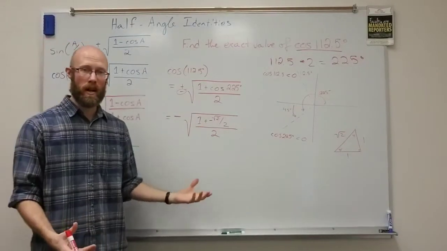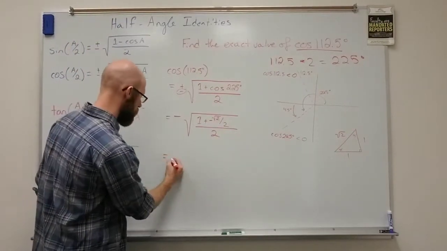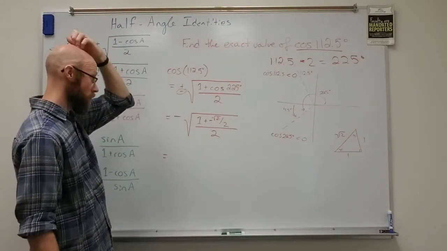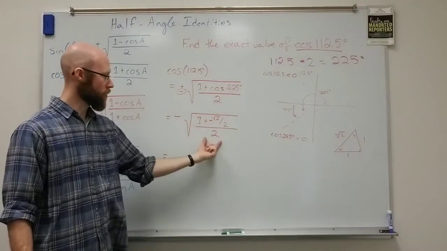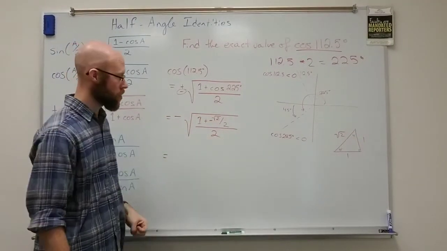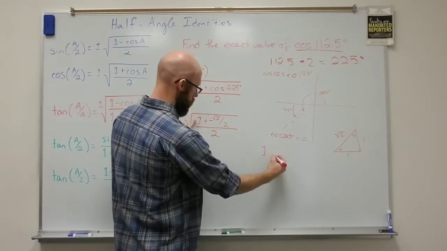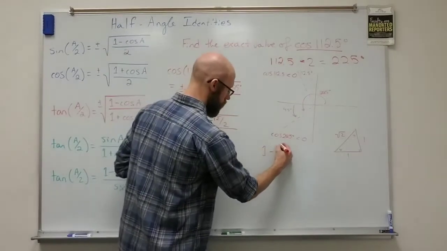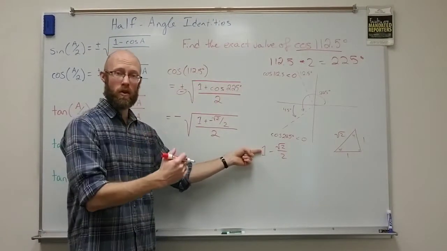Now I just simplify. This thing is not easy to simplify, but we can get there. What you want to do is isolate the numerator, get that to be a fraction, and then divide it by 2. So I'll take that off to the side. Think about 1 minus root 2 over 2. To get an LCD, I've got to change the 1 into 2 over 2.